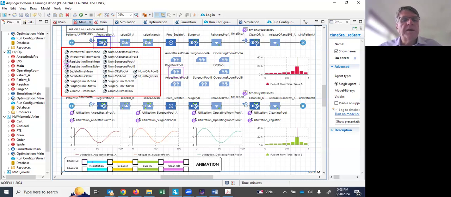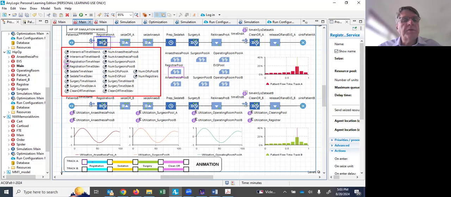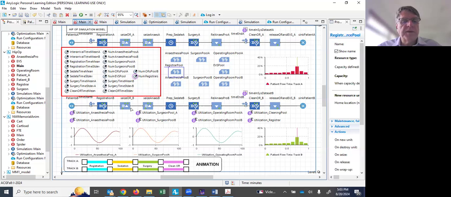Then we go ahead and we grab a registrar. Now there's different pools of resources here, and there's a registrar pool that is serving both track A and B. The EVS pool of folks who prepare the ORs for the next patient are also pooled in the base case.